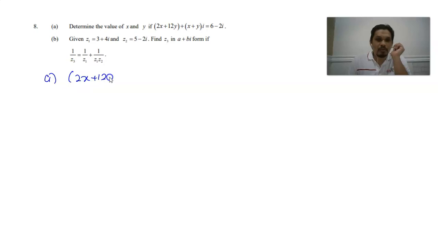2x plus 12y plus (x plus y)i equals 6 minus 2i. Determine the value of x and y if given here. Okay, 2x plus 12y plus (x plus y)i equals this one here. So 2x plus 12y.